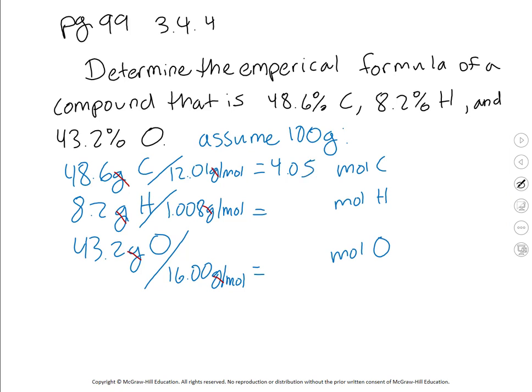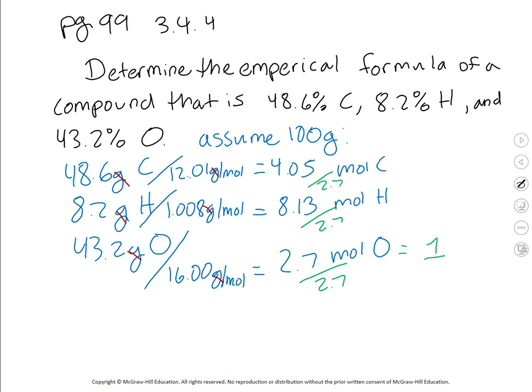And I'm not worrying about significant figures because we're trying to get at the end to kind of a whole number. So once we have moles of each, those aren't whole numbers, so how do we get to a whole number ratio? Good. So in this case, what's our smallest number? Good. The 2.7 is the smallest, so we're going to divide each of these by that 2.7.